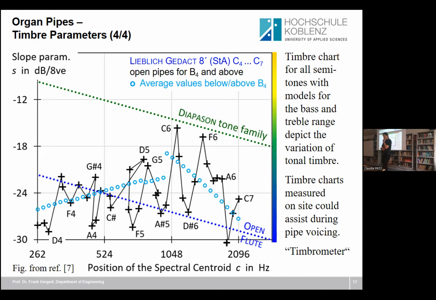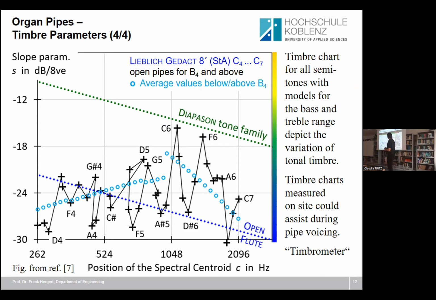So from what I know, the organ builder and the voicer has an idea how a low pitch pipe would sound in this rank, and how a high pitch pipe would sound, and you try to regulate it. So you must come from the low pipe over the middle somewhere to the treble, and you try, as far as I know, to make it a smooth transition, as in the examples which I've shown.